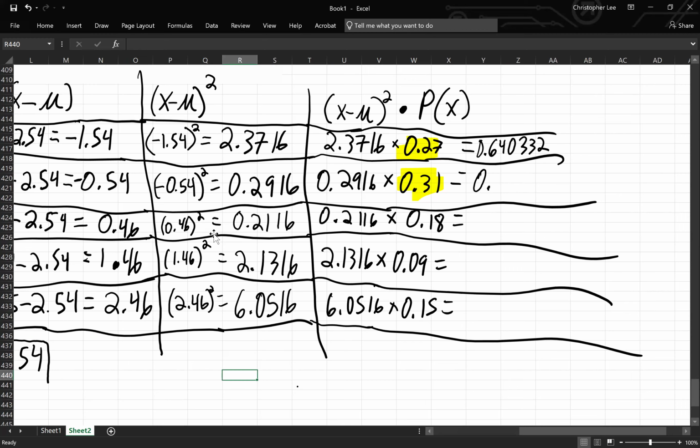Good time to practice on the calculator. 0.090. Okay, sounds good. Now 0.2116 times 0.18. What's that? 0.03888.